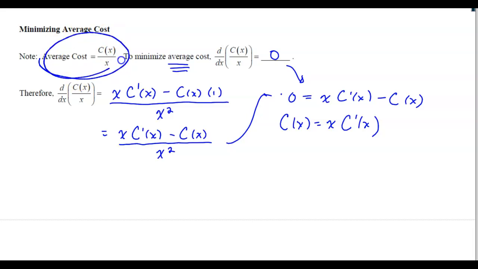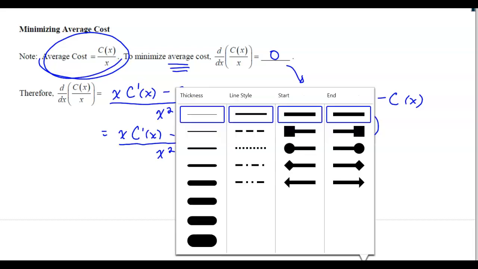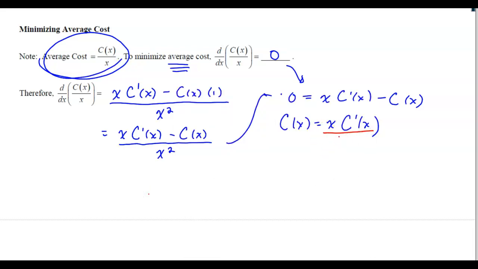So if I divide both sides by x, I actually get, I'm going to put the derivative on the left now, the average cost. So this tells me that the minimum average cost is the same as the average cost. So there's no minimum.